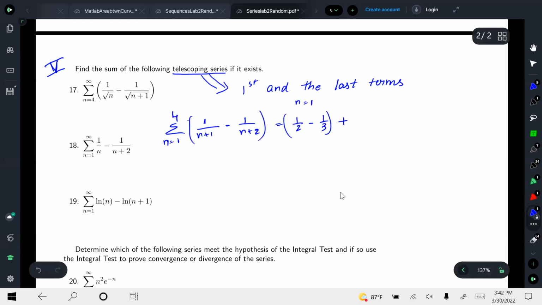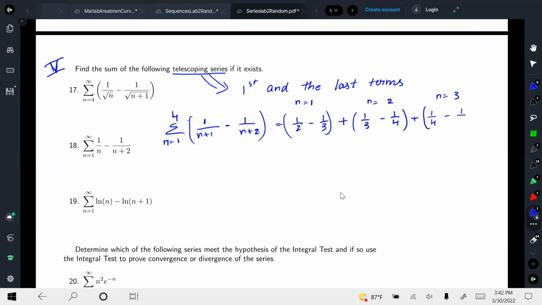Now, for n equal to 2, you get 1 over 3 minus 1 over 4. For n equal to 3, you get 1 over 4 minus 1 over 5. Right? Let us stop at 3.